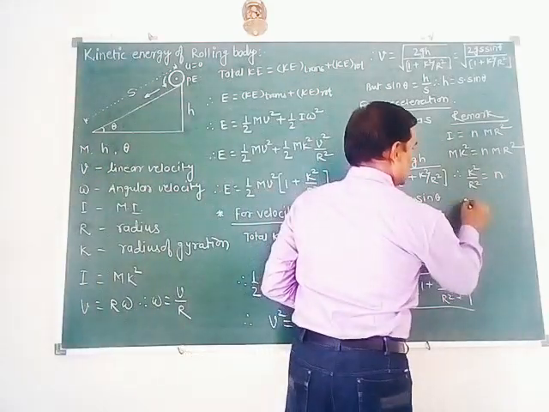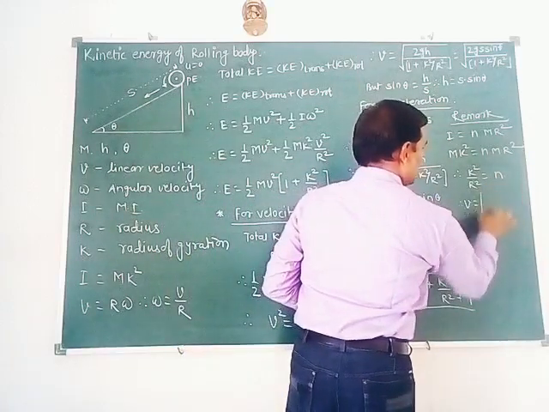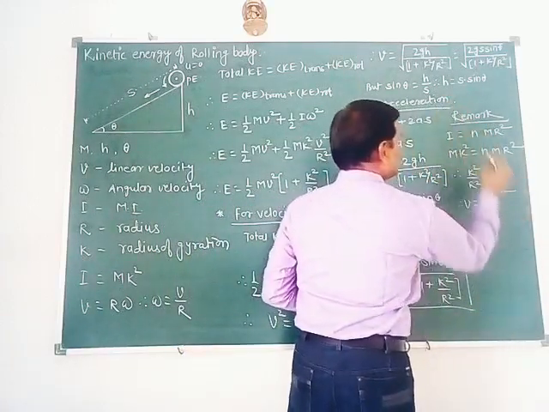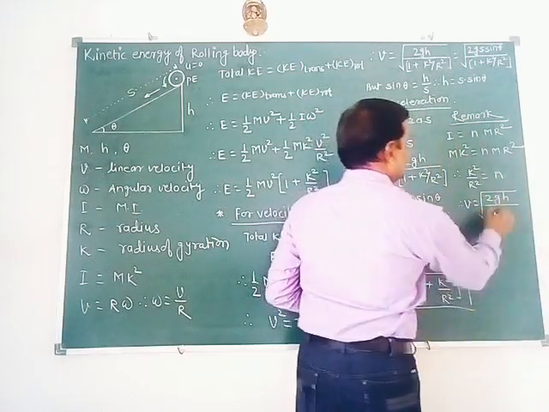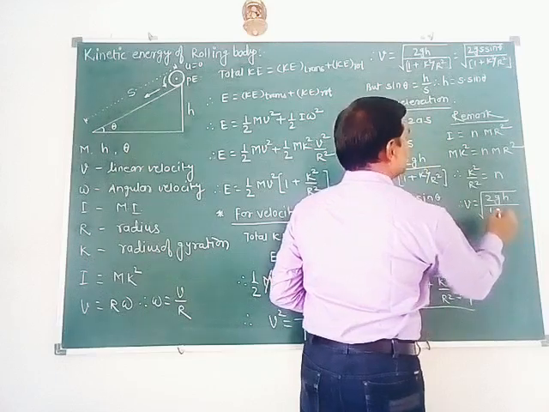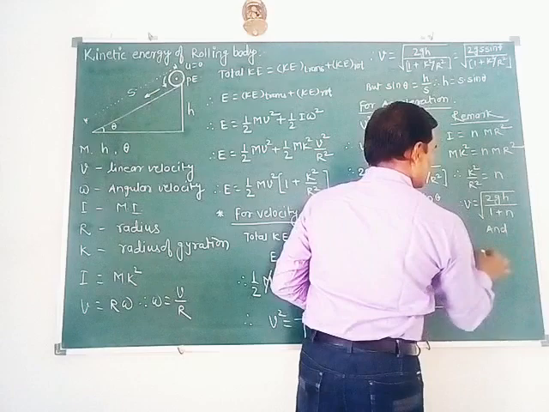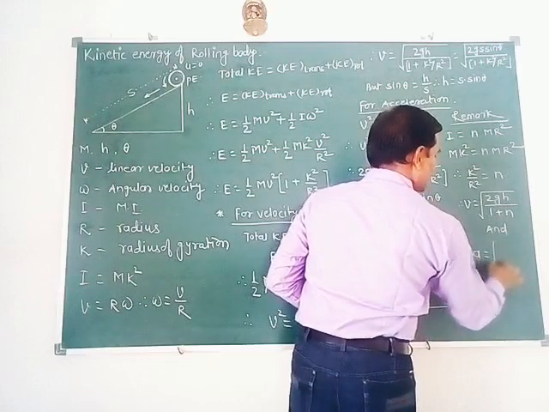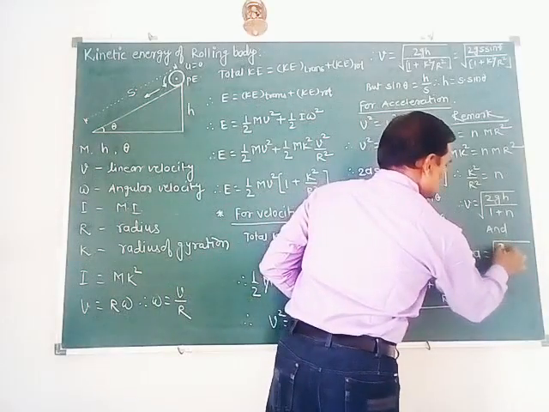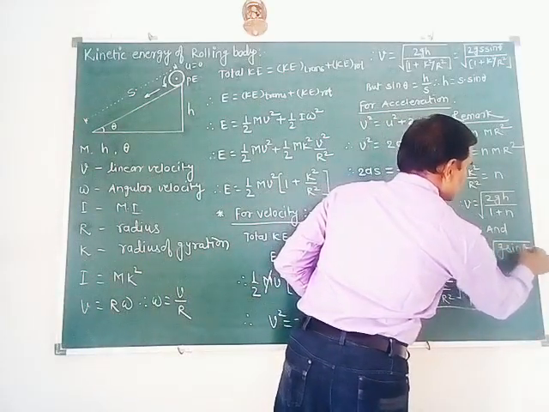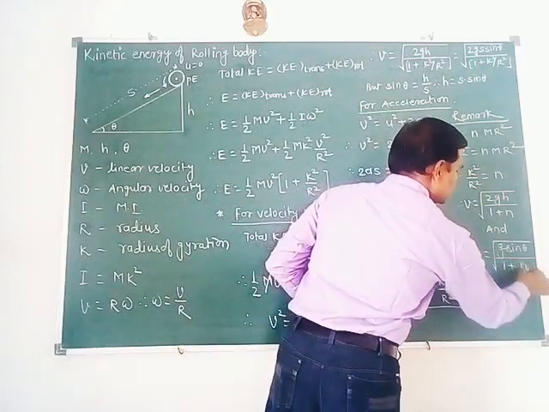Therefore v can be written as, velocity equal to square root of 2gh divided by 1 plus n, and acceleration can be written as g into sine of theta divided by 1 plus n.